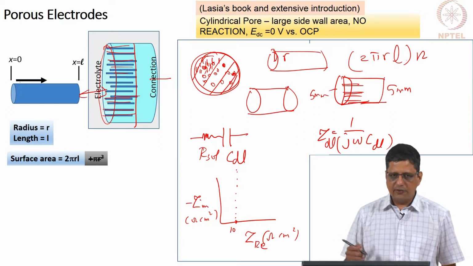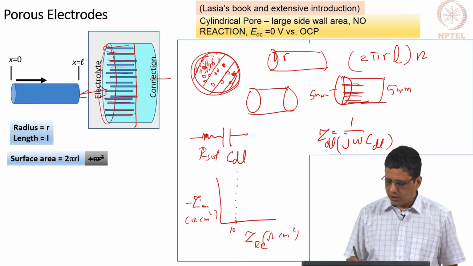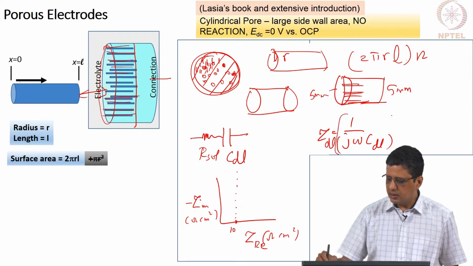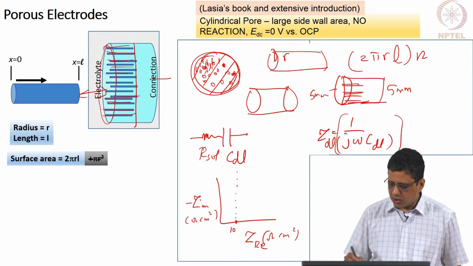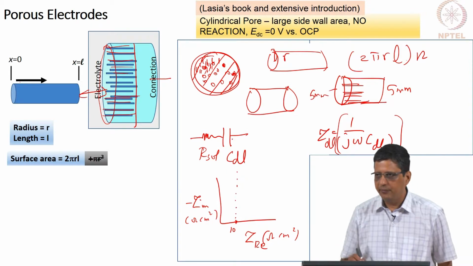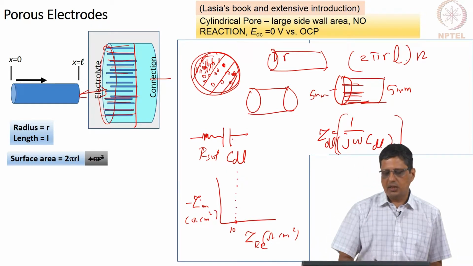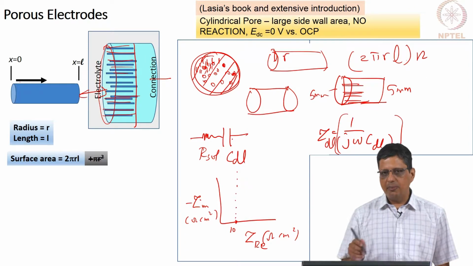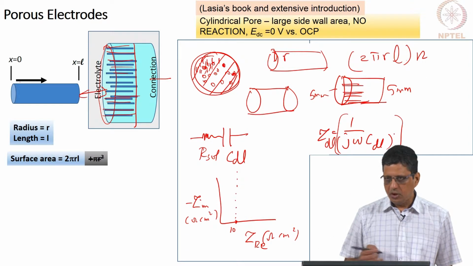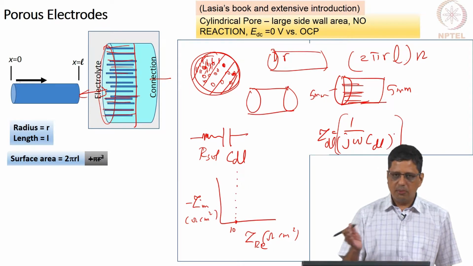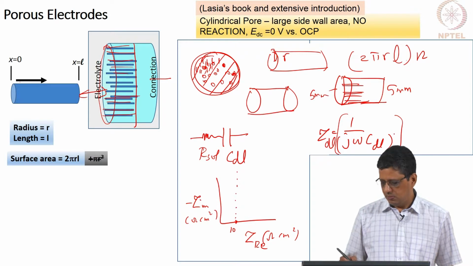And when we reduce the frequency, we are going to get an impedance from this, it is going to contribute only to the imaginary part, and then we are going to add the R solution. So, it is going to be a vertical line starting at R solution, and then going vertically up. For various frequencies, you are going to get various points. You can visualize this part, and correspondingly the Bode plot, you can plot it and see.